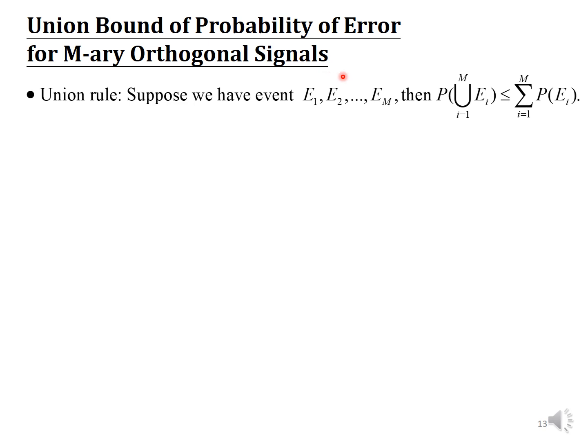So here we try to find a union bound, so that we could have a simple expression in closed form to evaluate the symbol error probability for this M-ary orthogonal signal, so that we could have a quick and better idea of the error instead of the PE we have in the previous slide.